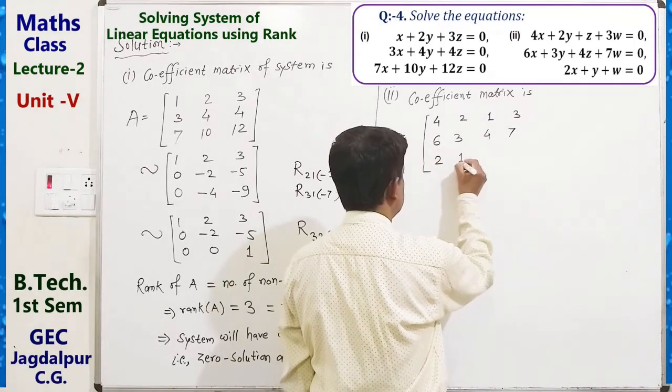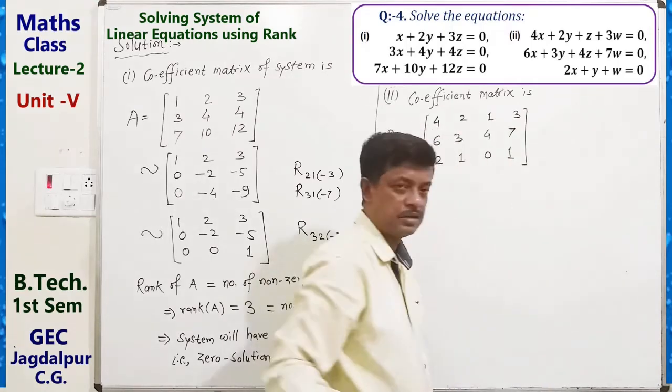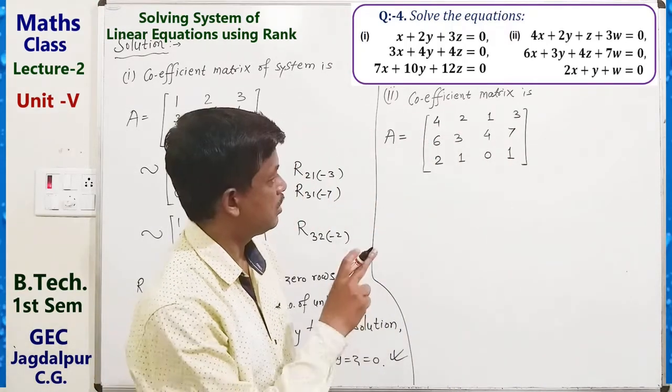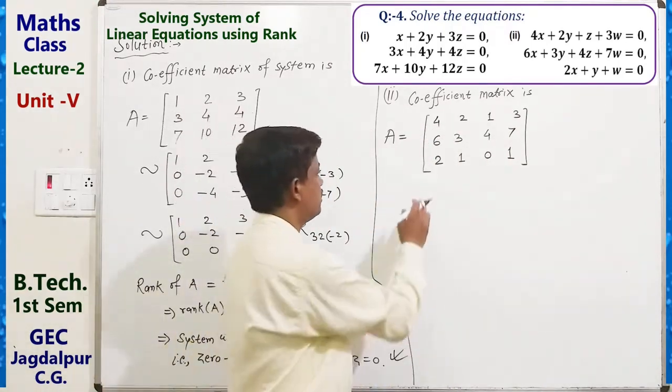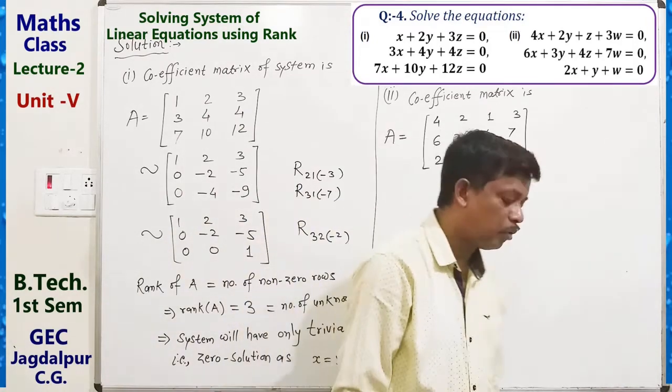The missing term is multiplied by coefficient 0. So this is the coefficient matrix.